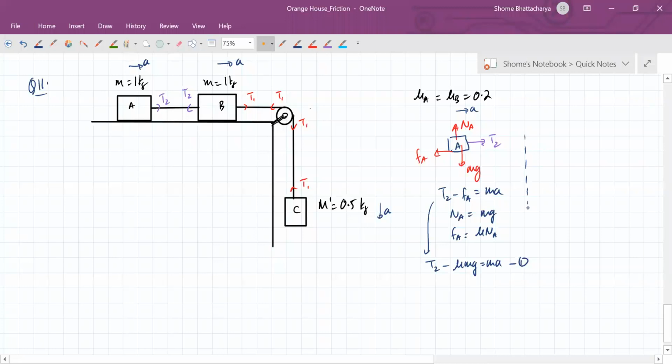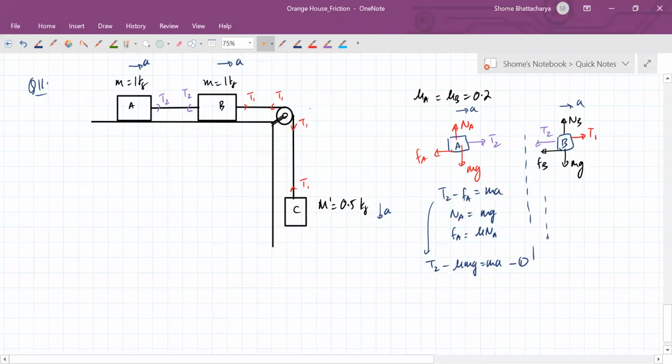Now similarly for the block B, there will be a combination of two tensions. T1 from this side, T2 from this side. Friction, normal reaction, weight. They have the same magnitude of acceleration.